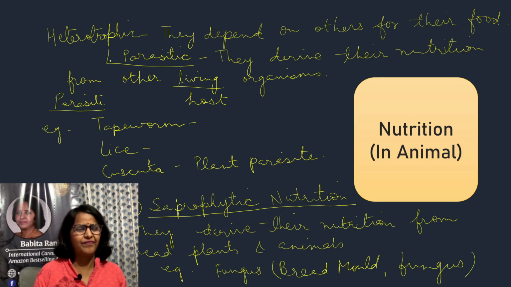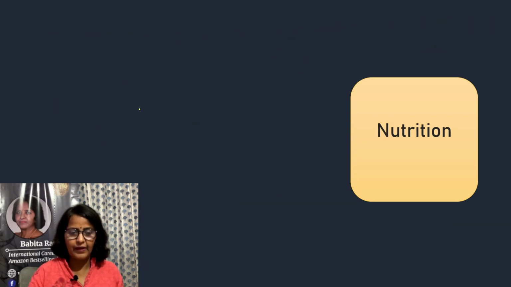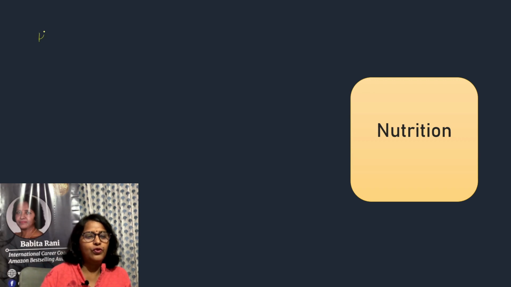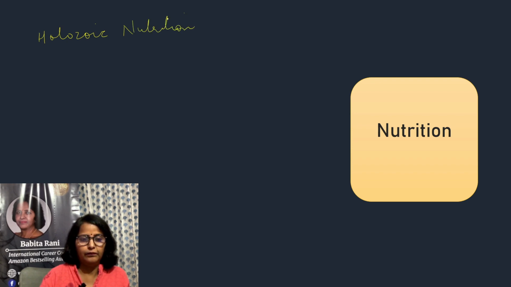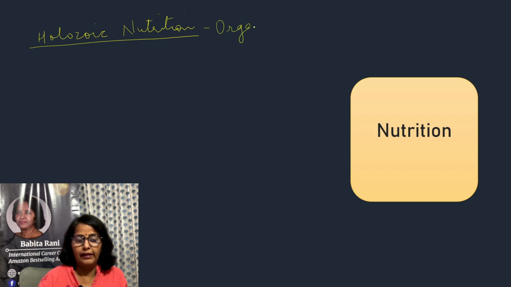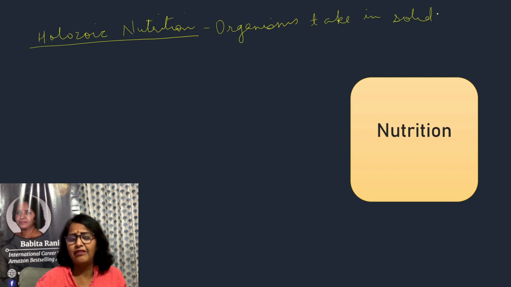The third kind of nutrition is Holozoic nutrition, where organisms take in solid food and they have special organs to take in food, or special ways, you can say.